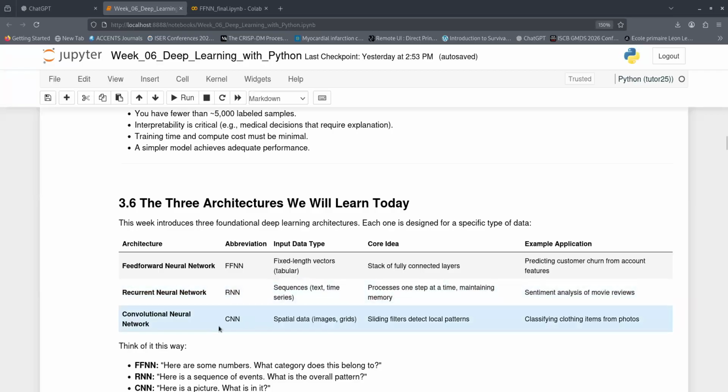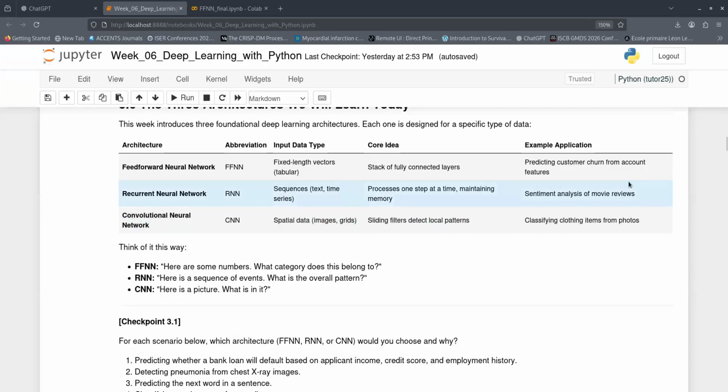And you also have the convolutional neural network. This is used for spatial data, meaning images or grids. The core idea is to slide a filter to detect local patterns. An example is classifying a clothing item from photos, or classifying whether an animal is a dog or a cat.